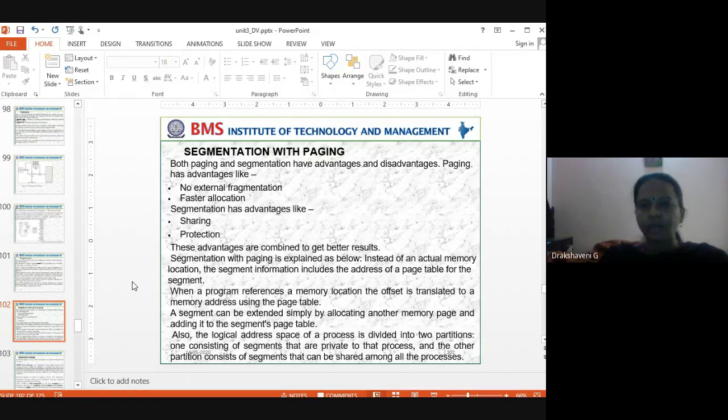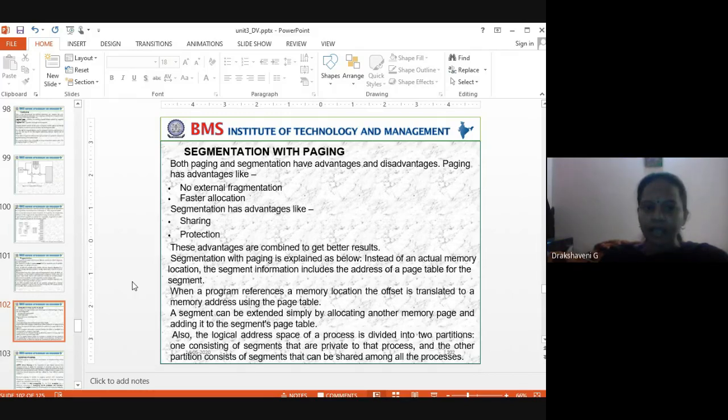Next we have something called segmentation with paging. Both paging and segmentation have advantages as well as disadvantages. Same thing: physical classes were one problem, now online classes are one more problem. Each has its own advantages and disadvantages.